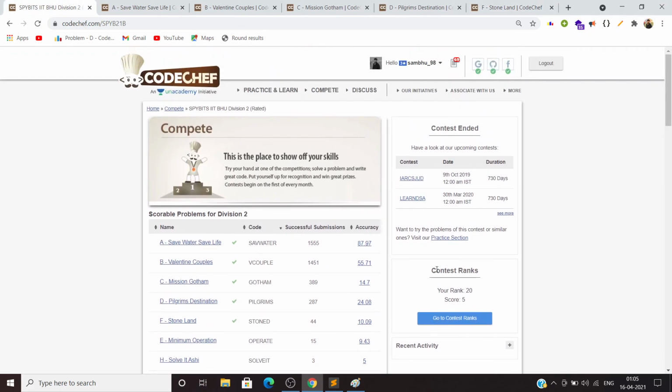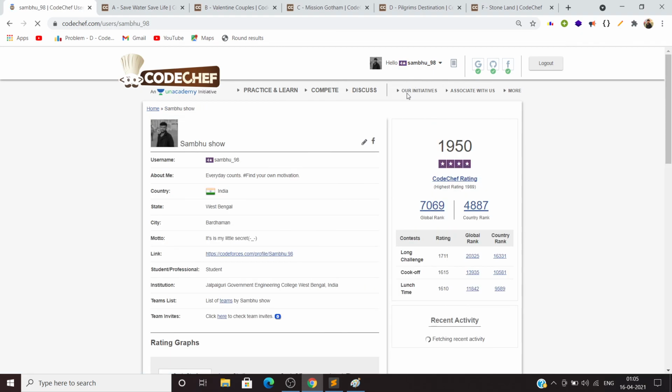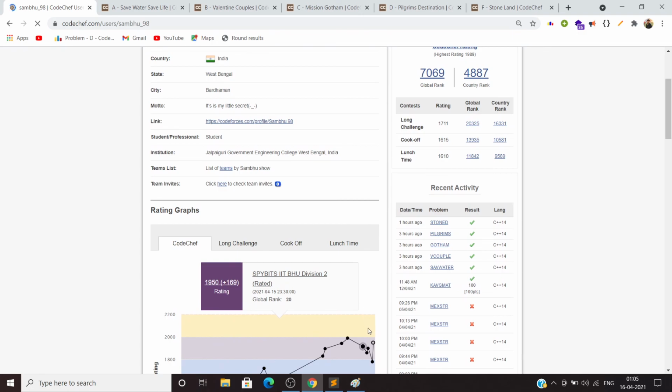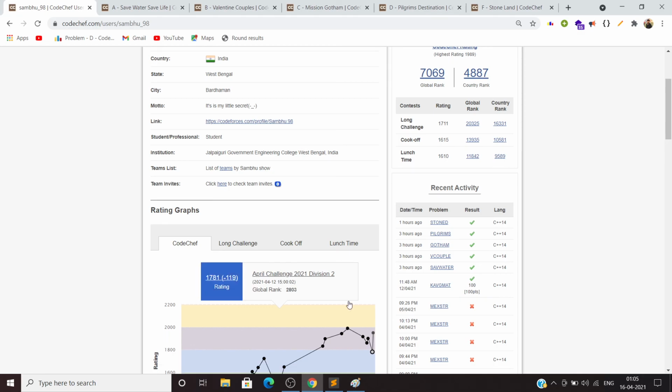Also I have scored rank 20 there, so this is my highest scoring till now, and I have got into the 3-star because earlier I had done... oh, my rating has increased to 1950. Oh, that's great. Plus 169. Okay, that's great. So earlier I made this silly mistake in the April Challenge 2021.